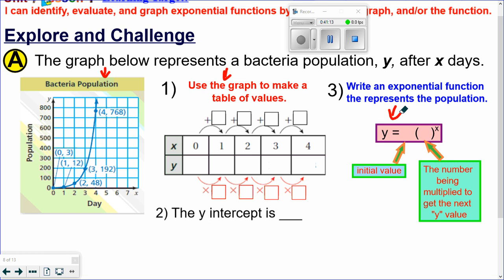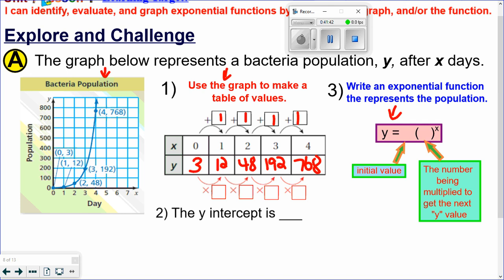Go ahead and fill in the table based on the graph. Obviously the x is adding by 1. Then figure out what the y is being multiplied by, and also figure out what the exponential function equation is. Press pause now.